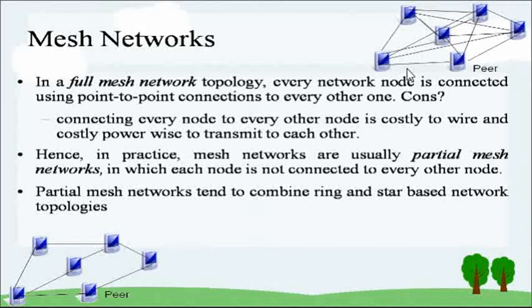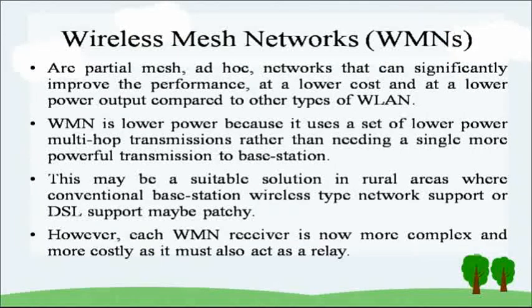The problem with this is that connecting every node to every other node is costly to wire and also costly power wise to transmit to each other. So in practice, mesh networks are usually partial mesh networks, as you can see, in which each node is not connected to every other node. Partial mesh networks tend to combine ring and star based network topologies together.